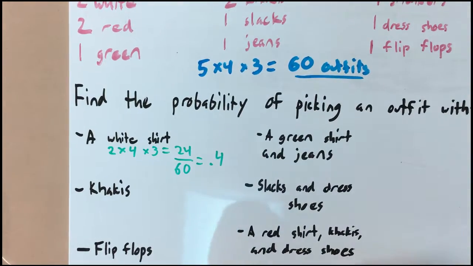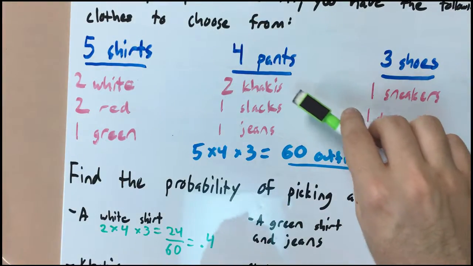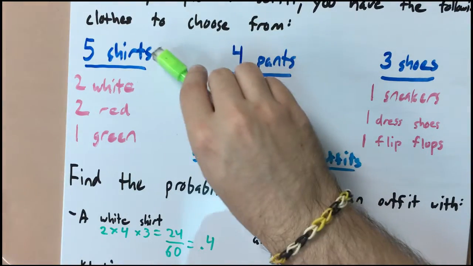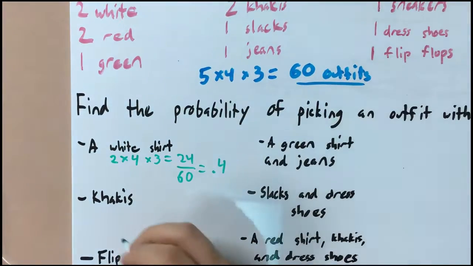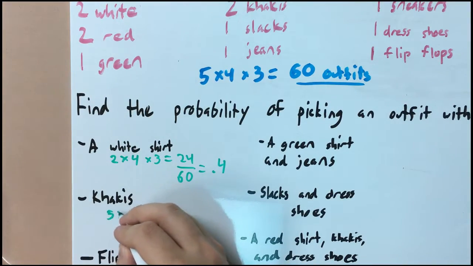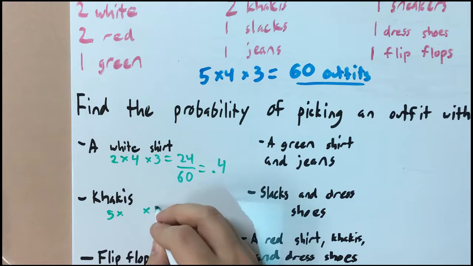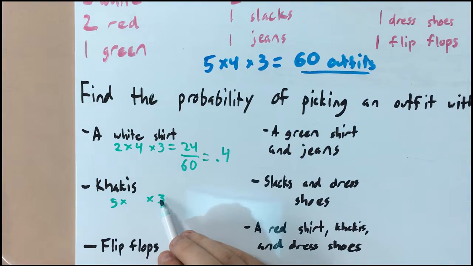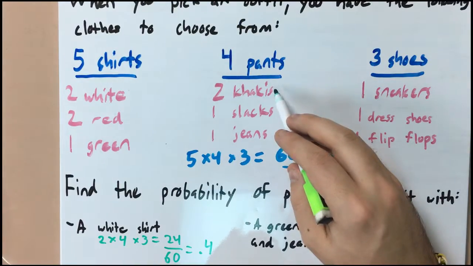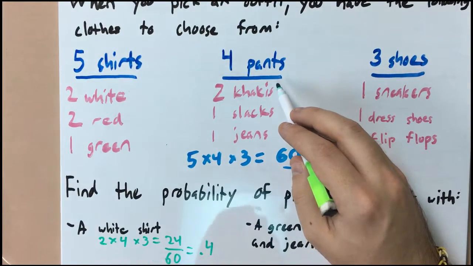So next, we're trying to find the probability of picking an outfit with khakis. Now this is a restriction on pants, which means that we can still pick any of the 5 shirts and any of the 3 shoes. So that means that we'll have 5 times something times 3. But now, there's 2 pairs of khakis that we can choose from.